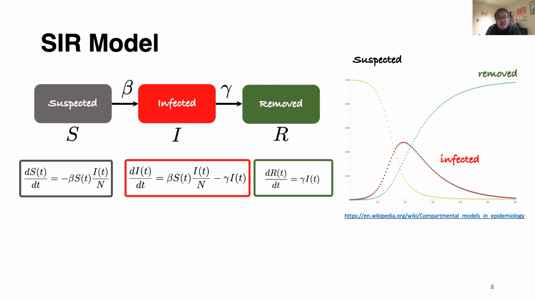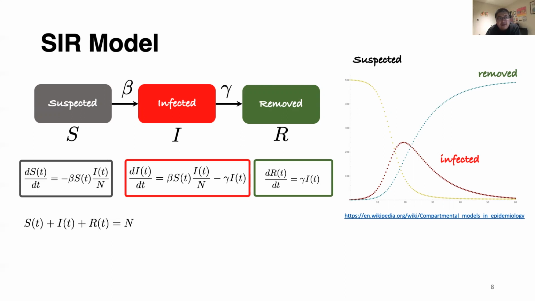The equation in the red box describes that the number of infected people is becoming more and more by transitioning more susceptible people into infected people, while at the same time, certain infected people will become removed, either because they died or they were cured. The function in the green box describes the removal dynamic.